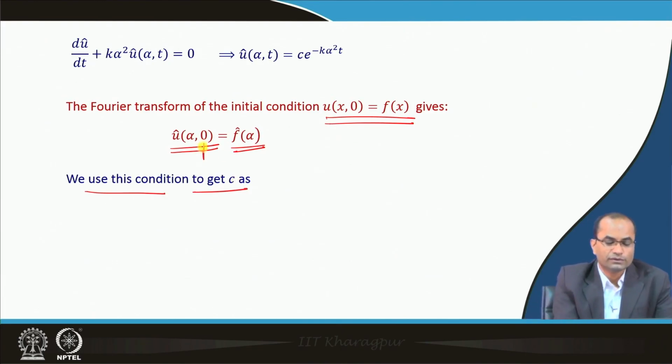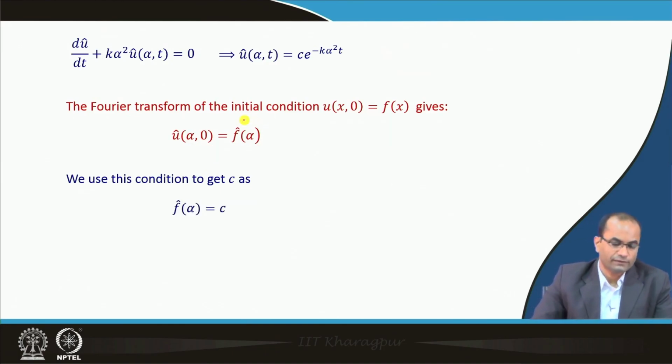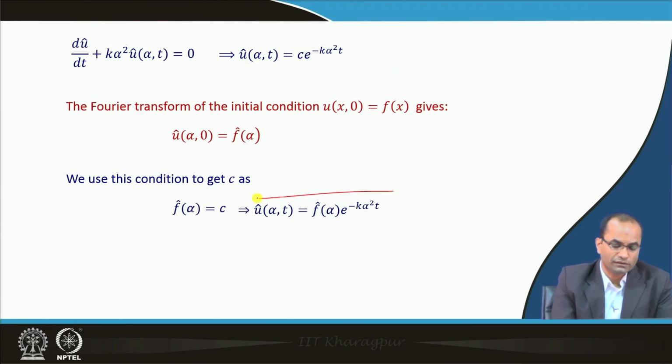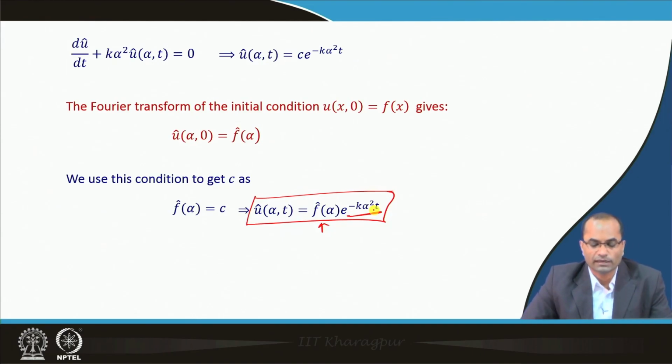If we put t equal to 0, u hat(alpha, 0) is c, and u hat(alpha, 0) is f hat(alpha), that means c is f hat(alpha). So, we now have u hat(alpha, t) as f hat(alpha), which is the Fourier transform of f, times e power minus k alpha square t.